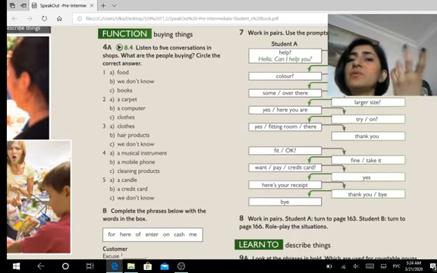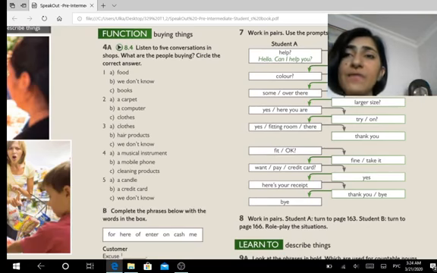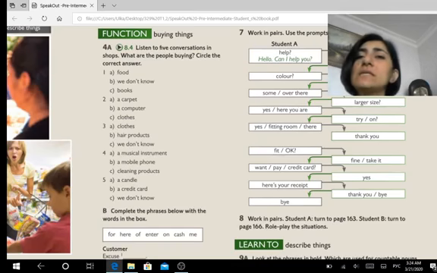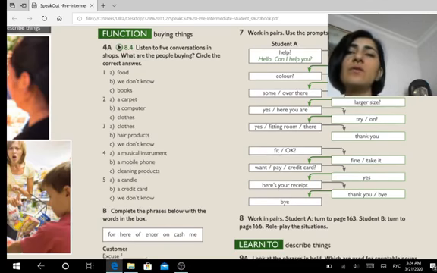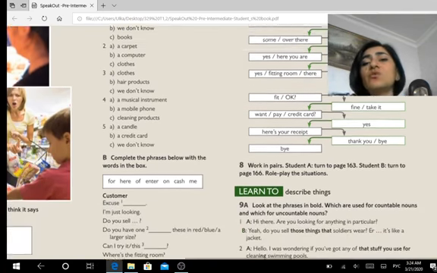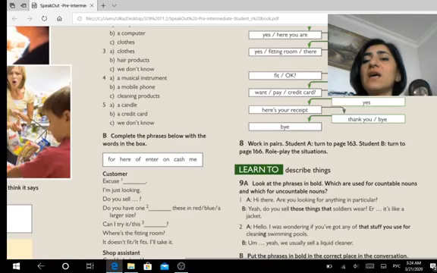So you hear people talking about buying things. And from the first conversation, if you hear it's food, you circle food. If you hear it's books, you circle books. Or if we don't know what it is, they didn't mention the name of the product, so you just circle B. And then you switch to B of exercise 4.